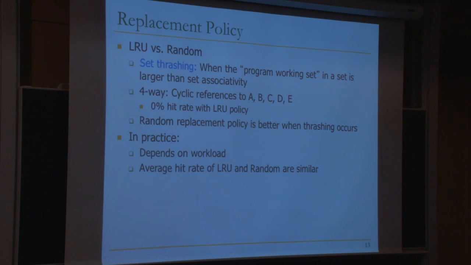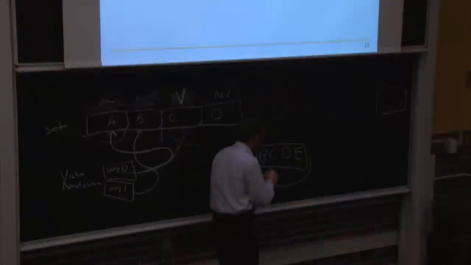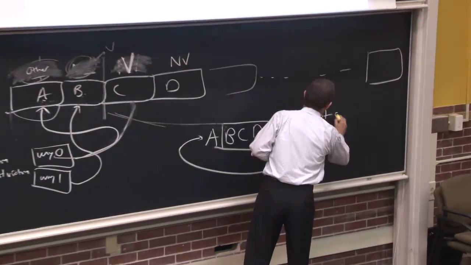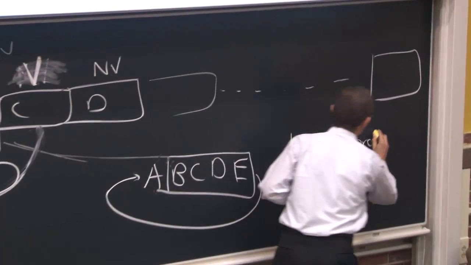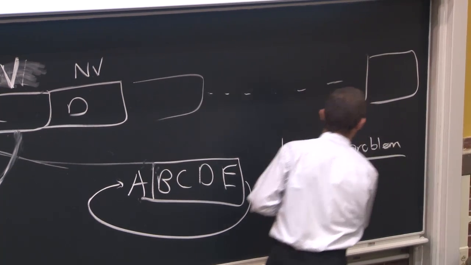I'm sure you have solved it in your heads. So in practice, which replacement policy performs better depends on the workload, because some sets are very good with LRU, and some sets are very bad because your working set is much larger. This is also called the hot set problem, and we will see some other solutions to alleviate this at least.